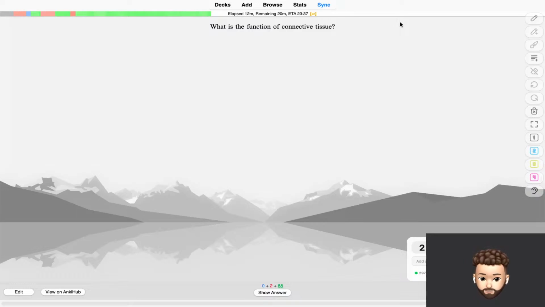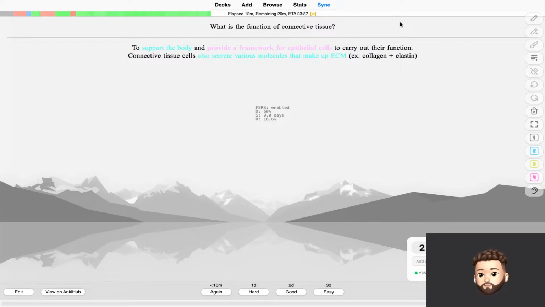It's gonna secrete. Okay, I know that the last one is that it's gonna provide some of the materials that are necessary for the ECM. But what is the second one? Is it gonna be something upon which the parenchyma depends? Like provide a framework for epithelial cells to carry out their function.